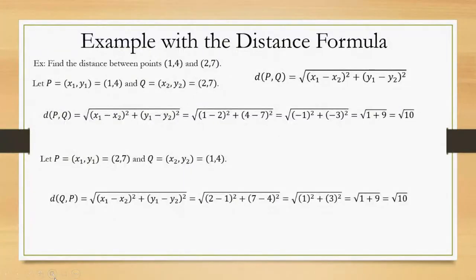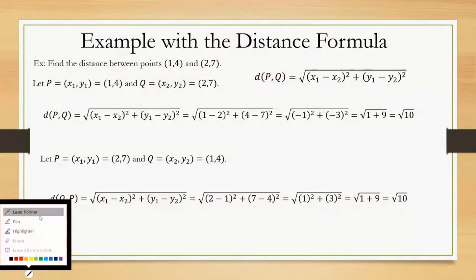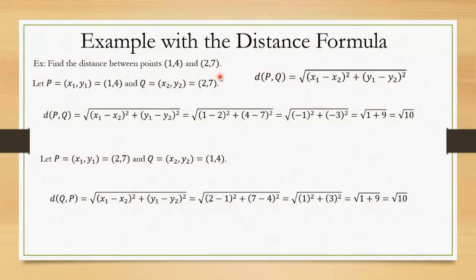Okay, so let's do an example. Suppose P is the point. Let's say we have the 2 points here, (1, 4) and (2, 7). So let's take P to be the point (1, 4), the first point. Q is the point (2, 7).